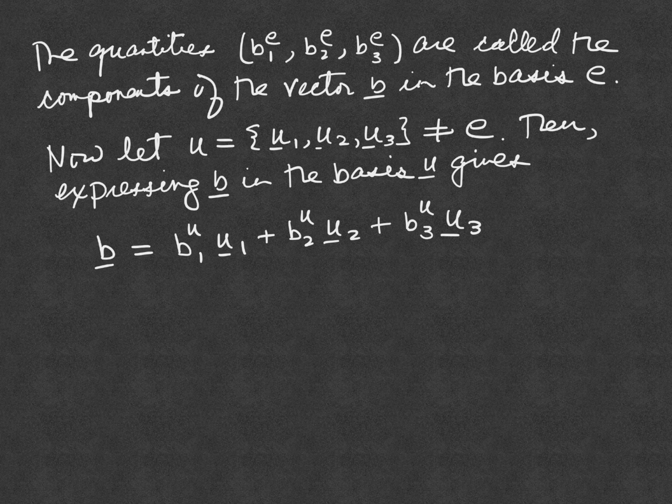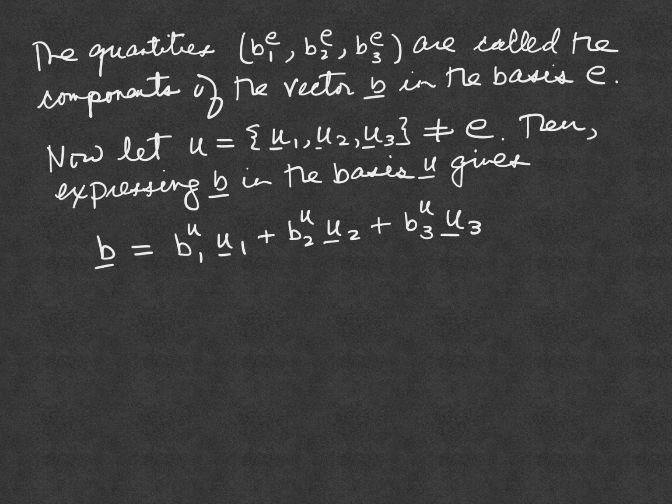Now you'll note that this last expression is actually the vector B, and therefore it has to equal what I had before. It turns out that even though the vector is the same, the components are not the same.